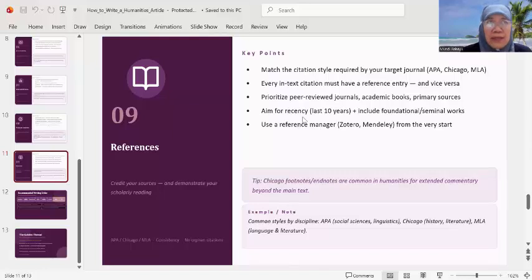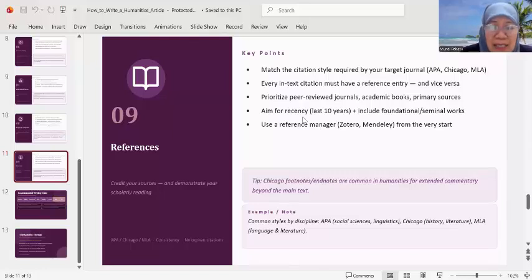Seminal works means the work, whether it is a book or a journal article, which is widely referred to by other works or other journal articles. Because it is foundational, because it is important work. So do not miss the seminal works related to your article.